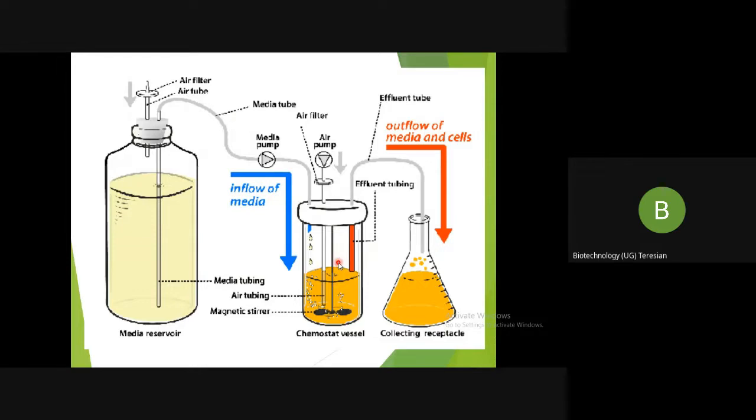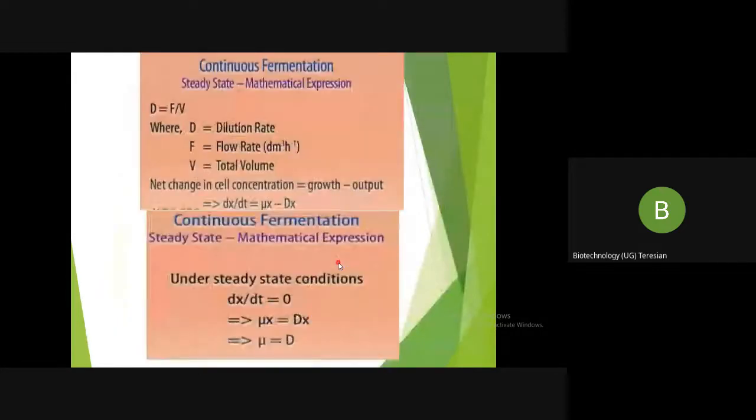Now, what I said in a sentence, I can express mathematically in an equation. That is, D is equal to F/V, where D is the dilution rate of that fermenter, and F is the flow rate, the inflow of fresh media, in decimeter cube per hour. V is the total volume in your fermenter.